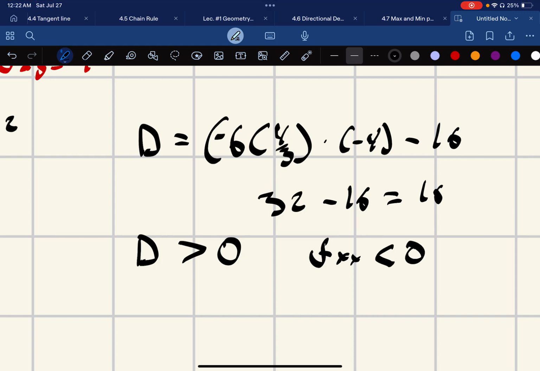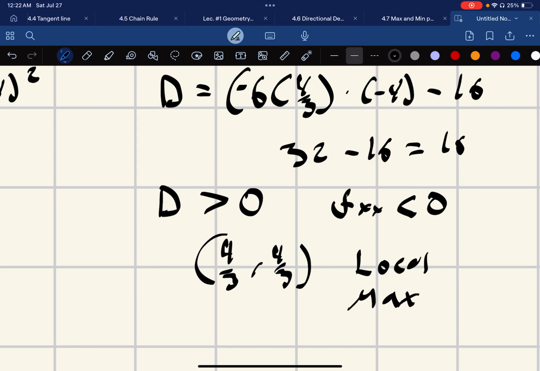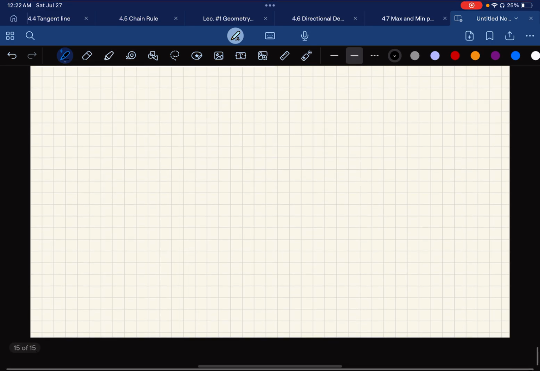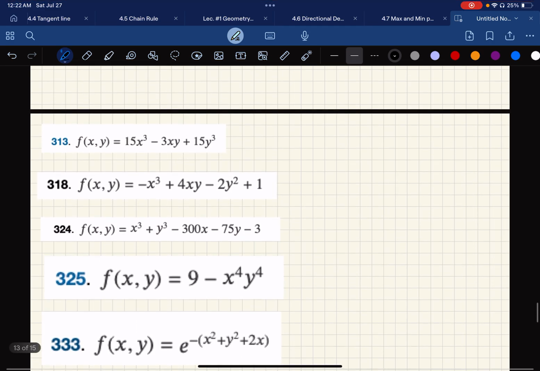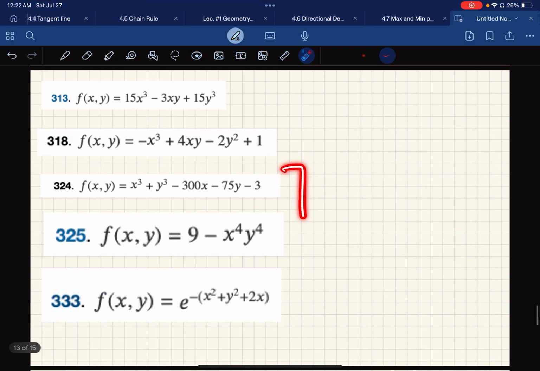So therefore, if the discriminant is greater than 0 and the double partial is less than 0, that would give us at 4/3, 4/3 a local maximum, right? So we did this one, and we did this one, and we'll do the next 3 in the next videos because I don't want this video to be too long.